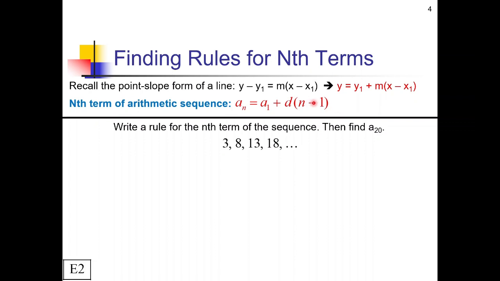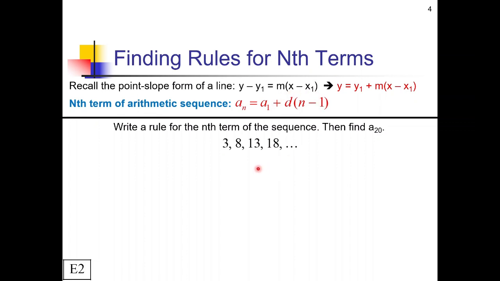So this is a specialized, specific form of the nth term arithmetic sequence. It's the one we use most of the time. If you really had to, you could use, for example, the third term, a3, and use a 3 here instead of a 1. So these ones go together. Whatever number this is, this one has to be as well. But we usually use the first term.